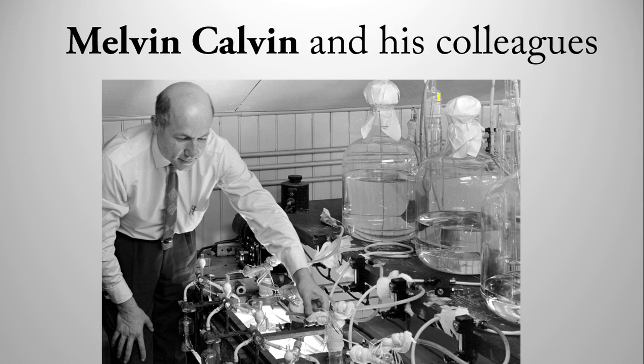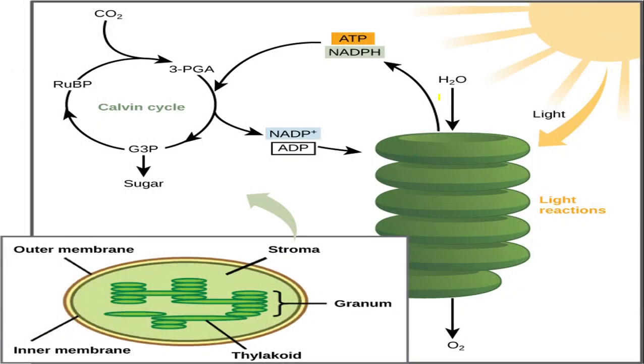So let us talk about what is the relation between the light reaction and dark reaction. Here you can see a stack of thylakoids is given, and the light reaction is occurring. And guys, you know that the light reaction uses water and produces oxygen, and the energy in the form of ATP and NADPH is also produced in the light reactions.